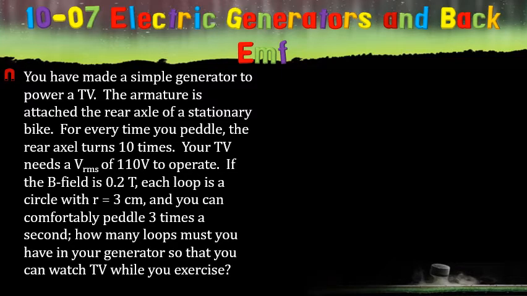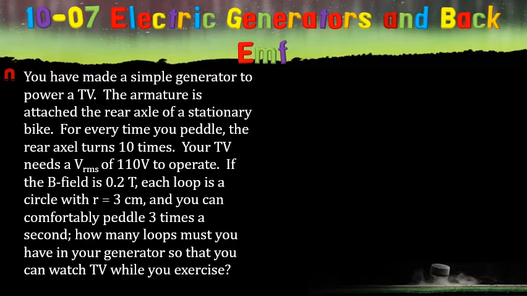So let's say you made a simple generator to power a TV. The armature is attached to the rear axle of a stationary bike. That means the axle of the generator. So every time you pedal, the rear axle turns 10 times. Your TV needs an RMS voltage of 110 volts to operate.